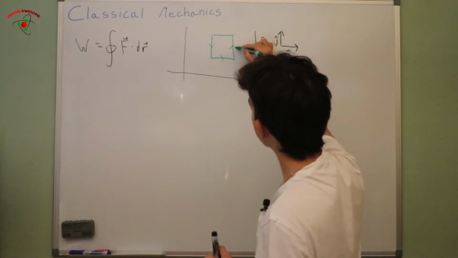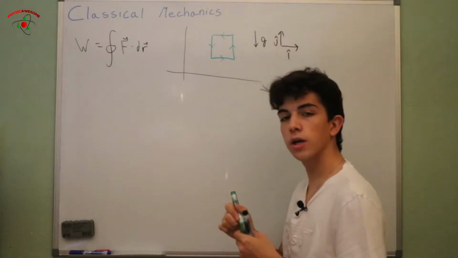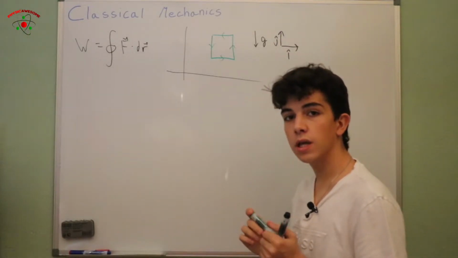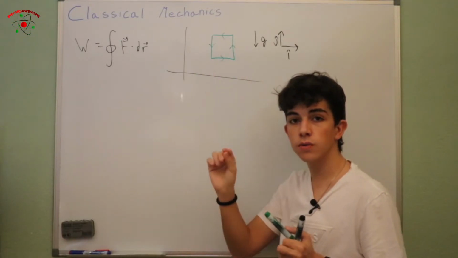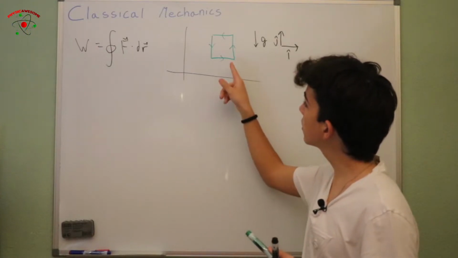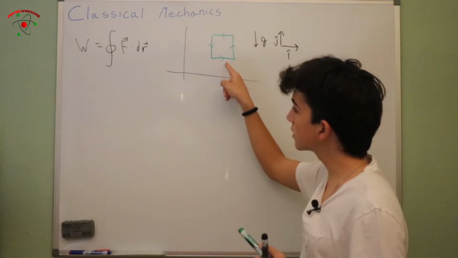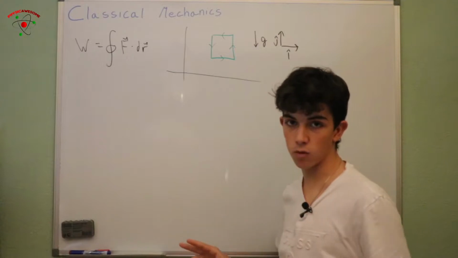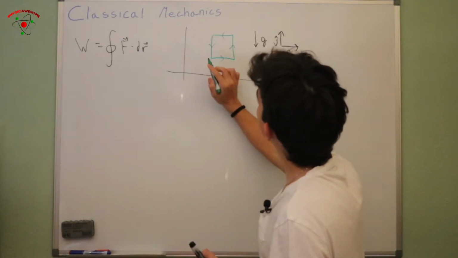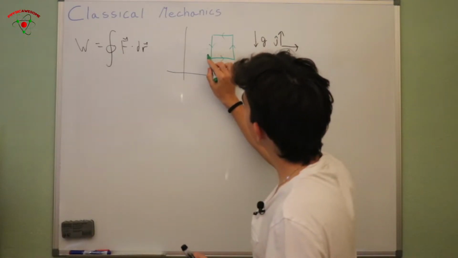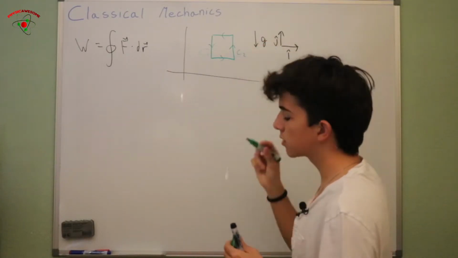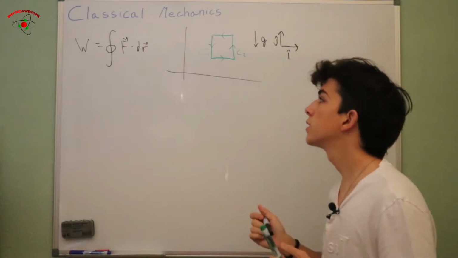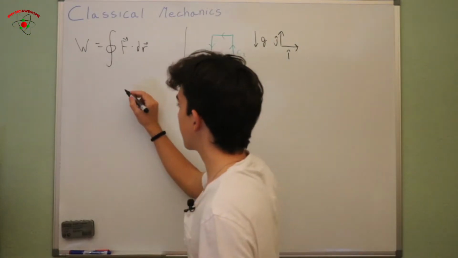Recall that work is only done when the direction of the force is the same as the direction of the movement. Therefore, in these two cases, we are not going to have any work. The only relevant work will be that made in path C1 and the one made in path C2. Therefore, let's examine what that is.